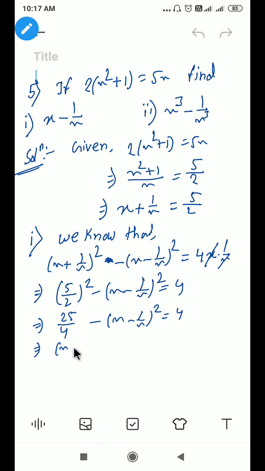You have to find the value of x - 1/x. Keep it on one side and the remaining numbers on the other side.